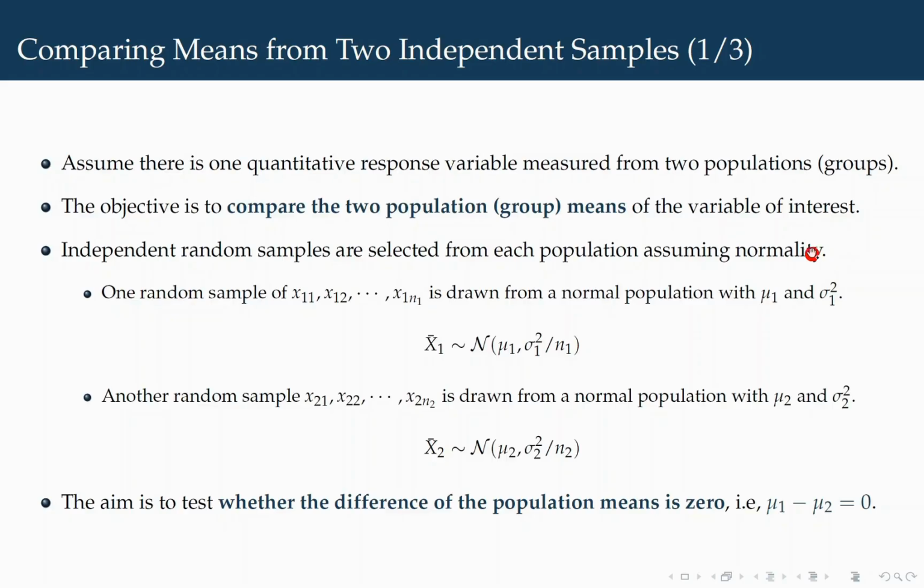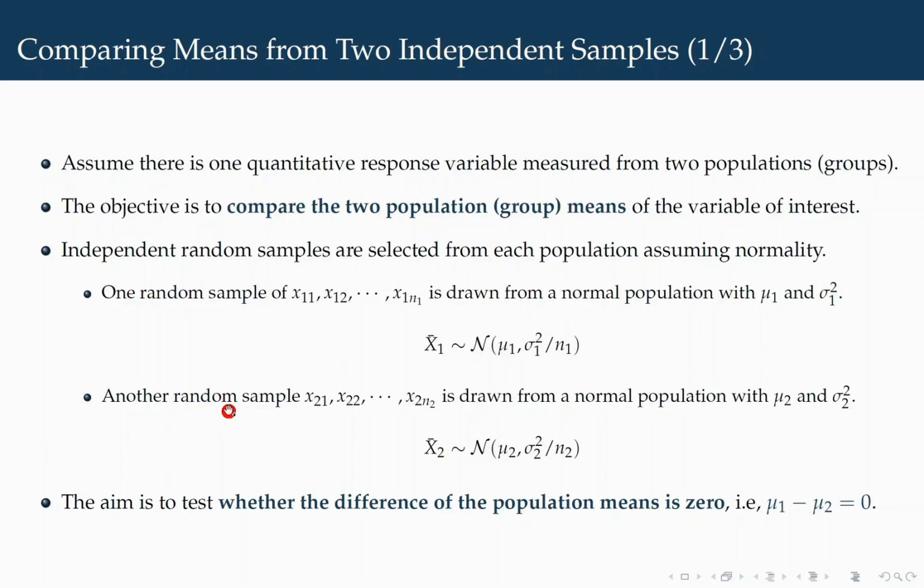For the first group or population, a random sample x11, x12, ..., x1n1 could be drawn from a normal distribution with mean mu1 and variance sigma 1 square.